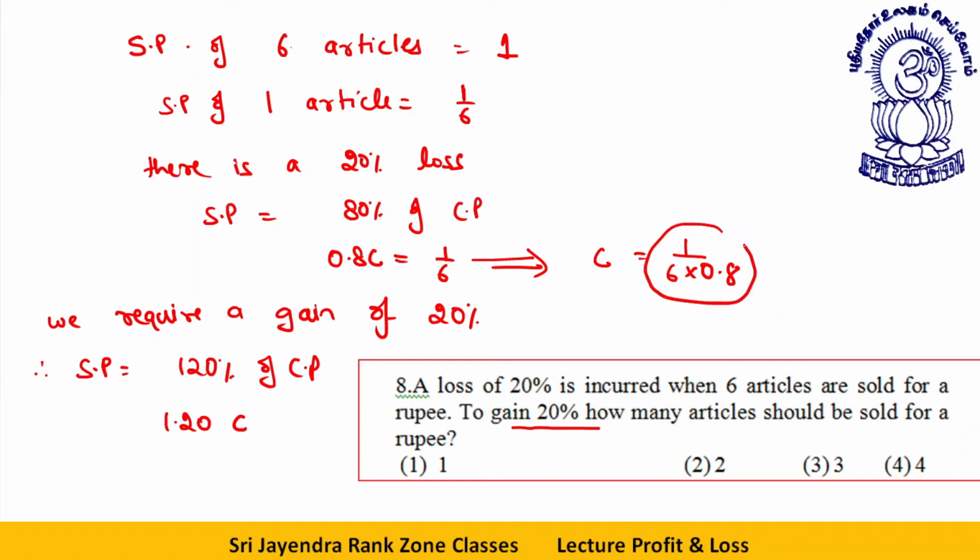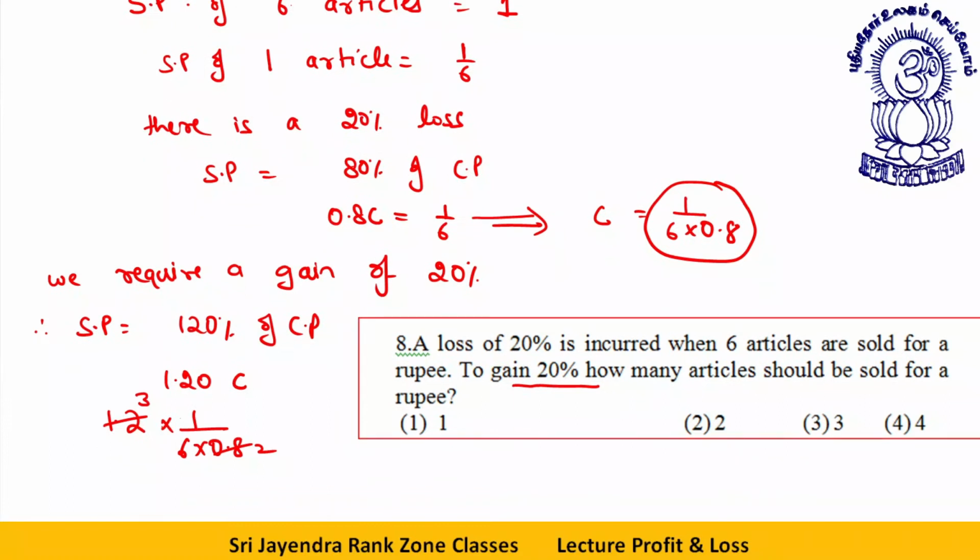This is the value of C which I'll be putting here only. 1.2 into this will be 3 by 2. 3 cancel with 6 will give me a 4. So what I get, SP will be 1 by 4.